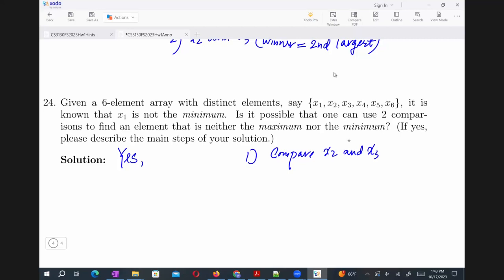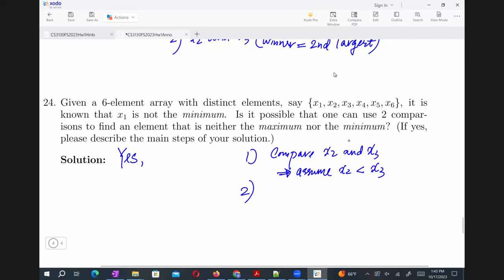Leave x1 out of the first round. So one must be greater than the other, right? So let's assume x2 less than x3. Okay? One bigger, one smaller. In the second round, now we can use x1. Then you are in the driver's seat. Okay? All right.